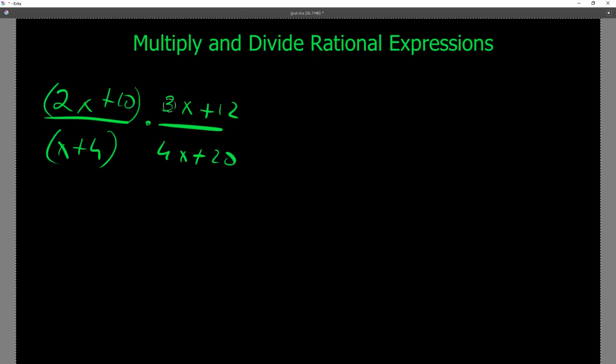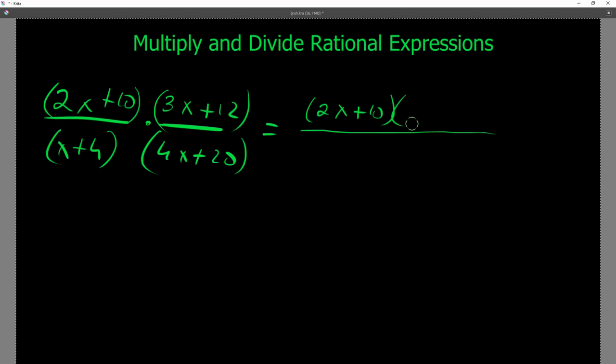Every time you see things that are added together, or subtracted for that matter, you put parentheses around them, and you see them as one single thing.